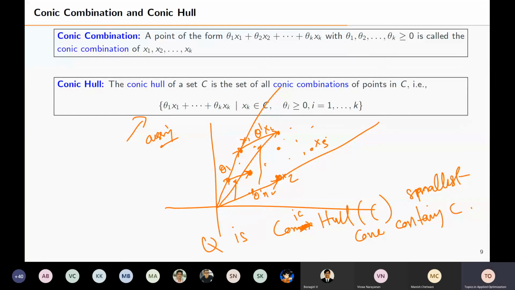What do you think? Yes, sir, because they will span the same area as C itself, if we consider C as basis vectors. Set C as basis vectors will span the same area as the conic hull.